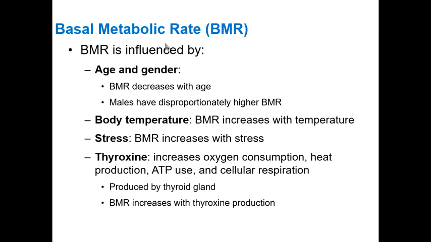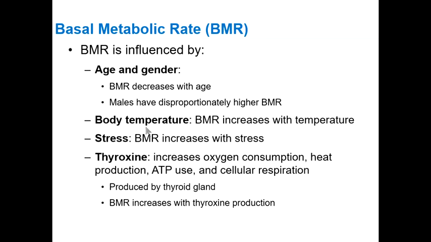Here's what influences BMR. Age decreases it. Males have a higher BMR compared to females. Muscle mass will increase BMR. So someone who works out with weights, or athletes, usually have a higher basal metabolic rate because of the heat produced by muscles as they're being used. Body temperature: BMR increases with temperature.